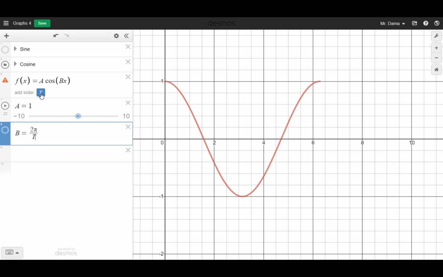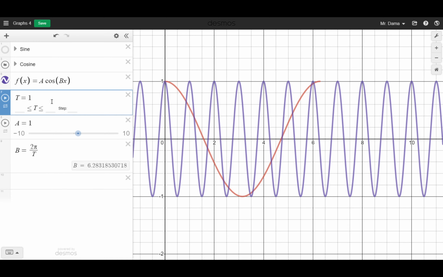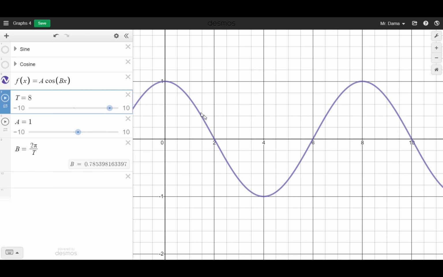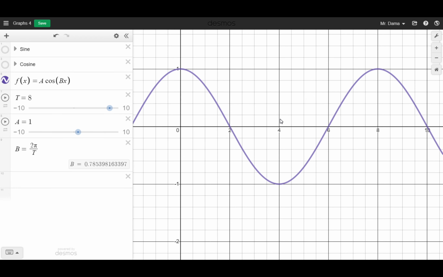Because t is really important to me. And so if I once again set it to 8, watch what happens. The period is 8. I'm going to get rid of this one, sorry. It starts at 0, goes down at 4, and comes back up at 8. But you can see a parabola-looking thing down here. It's not quite a parabola, but once again, a cosine curve goes backwards and forwards quite a lot.